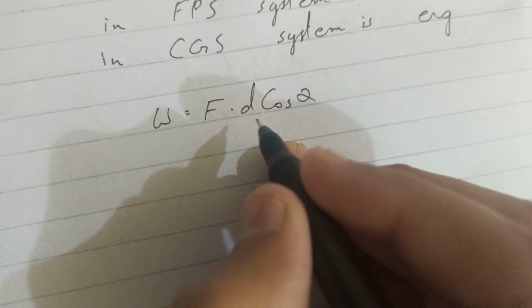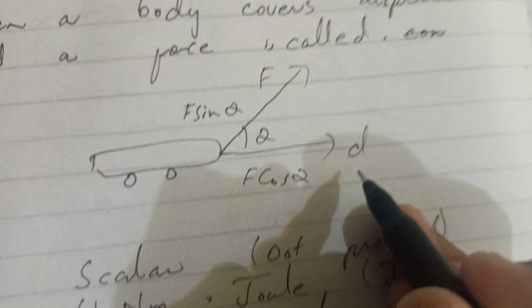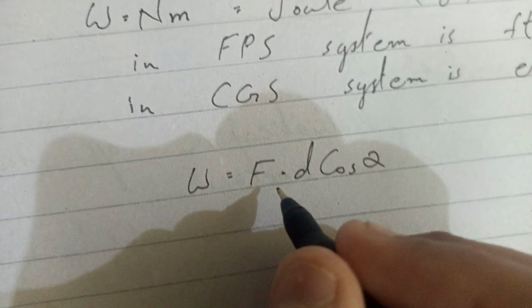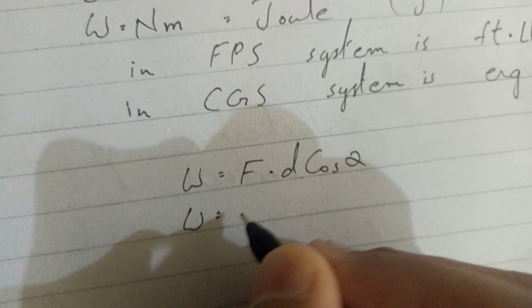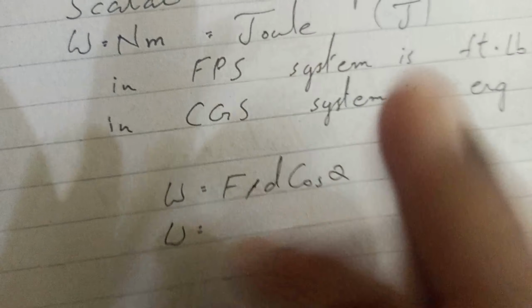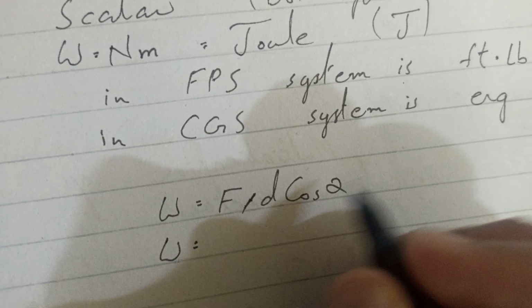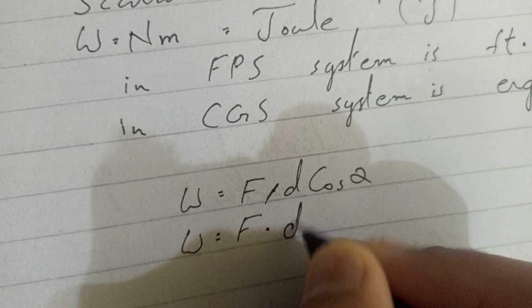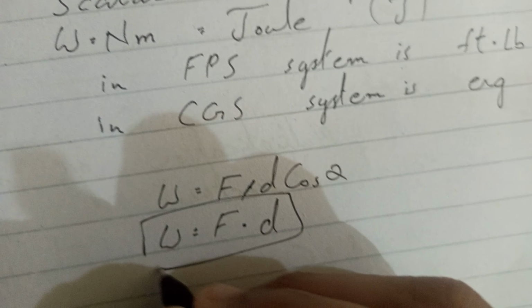That's why F dot D, F multiplied by D, is a dot product, and cos theta because it's making an angle. If we remove cos theta, it will become F dot D. So this is the formula.